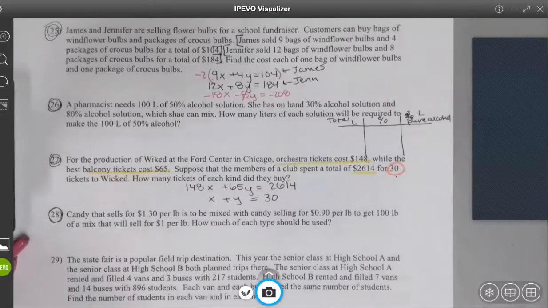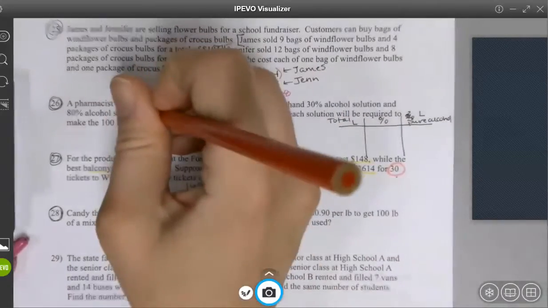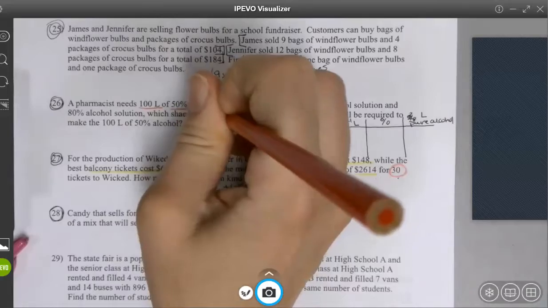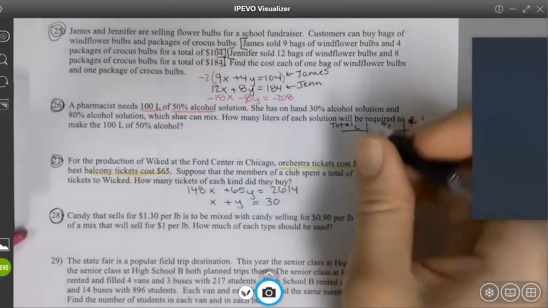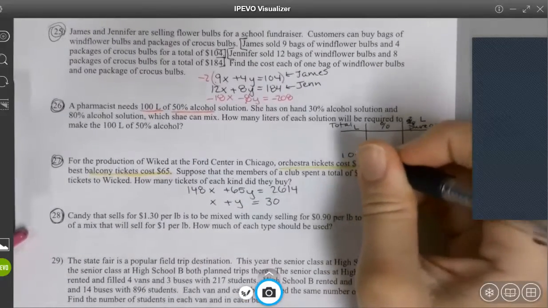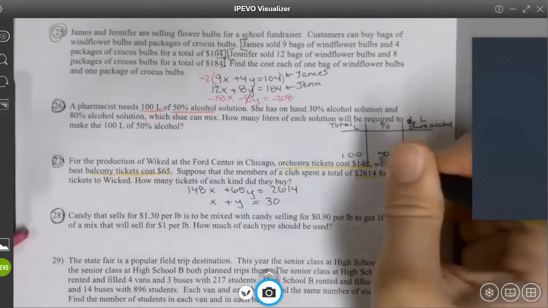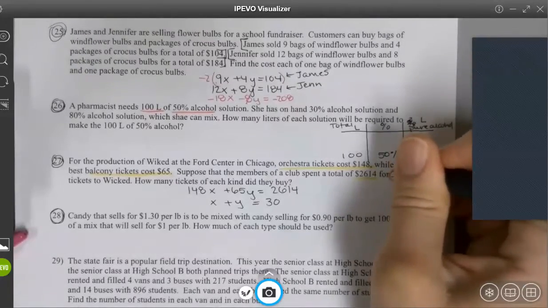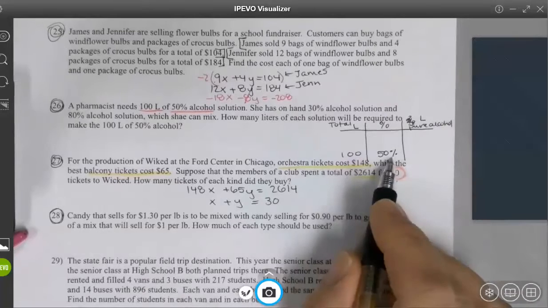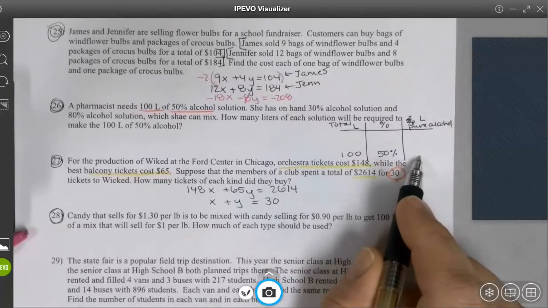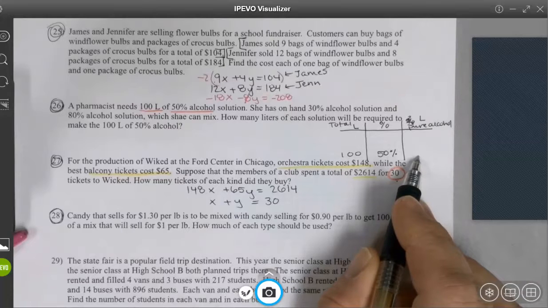So we start with the final mixture that we want. If I want 100 liters, 50% alcohol, I'm going to put that on the bottom. So I want 100 liters and I want 50% of it to be alcohol. If 50% of 100, how many liters of that 100 liters would be pure alcohol? 50, right?